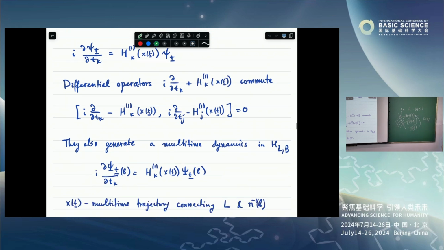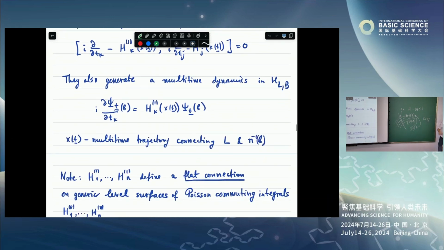That's how you should think about it. And in the same way as in the usual case when you have only one Hamiltonian, it also defines the multi-time dynamics in this Lagrangian module H, where the wave functions depend on coordinates only.